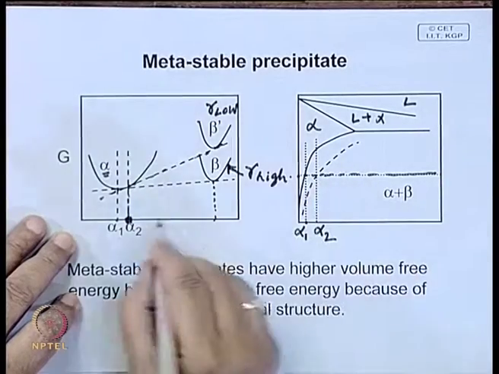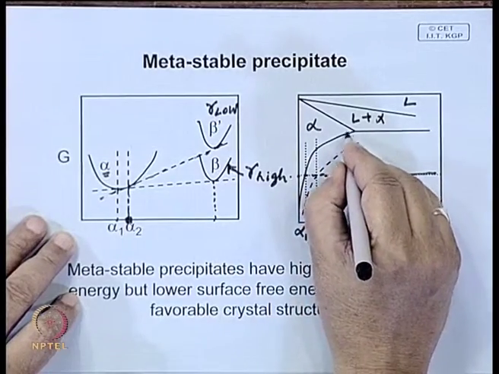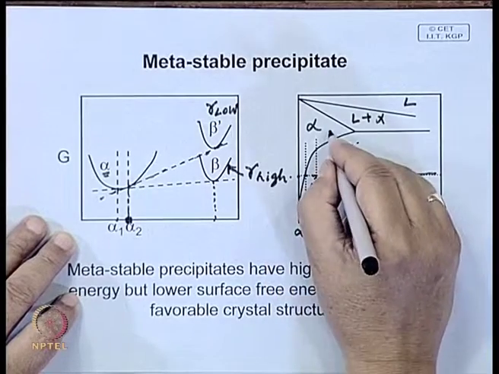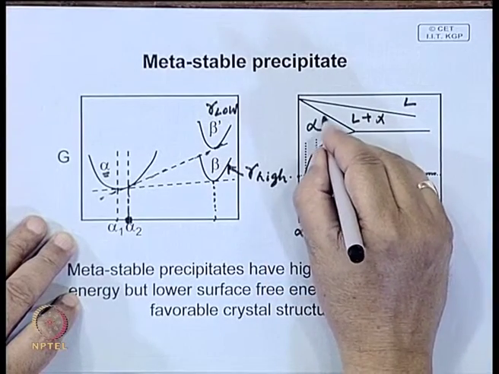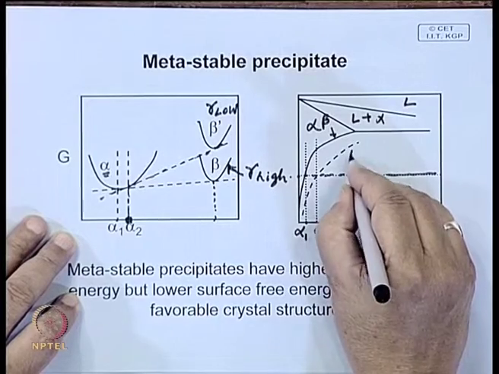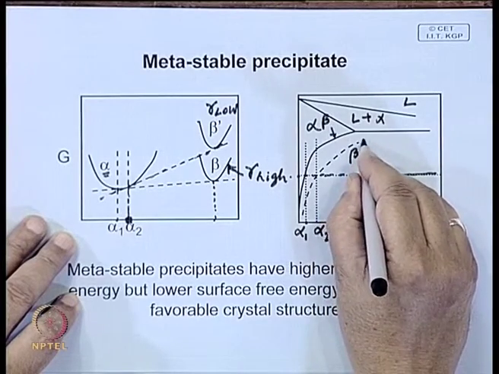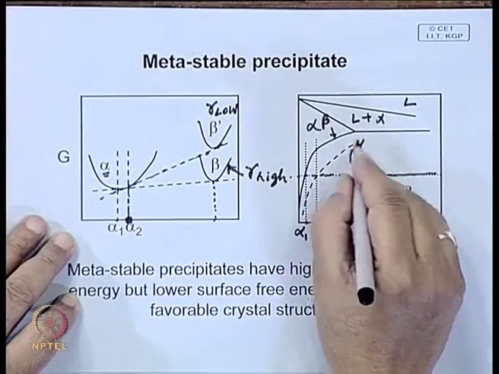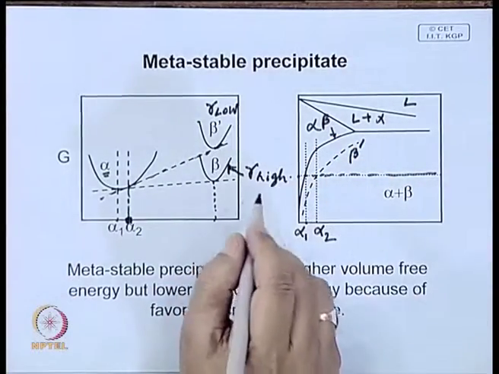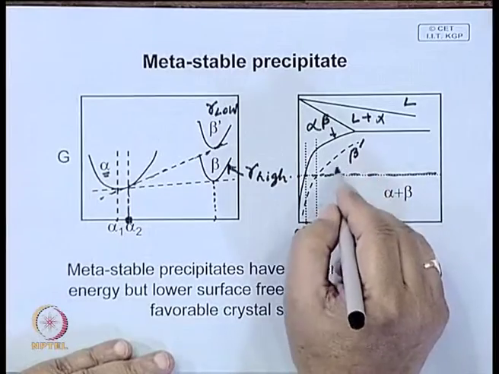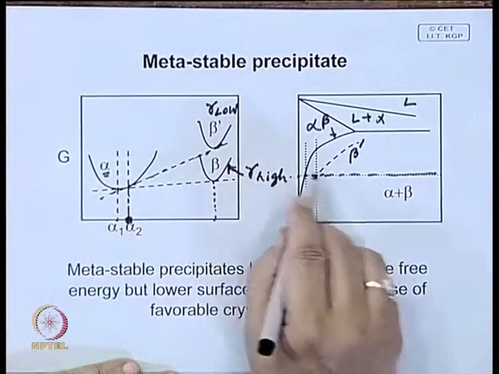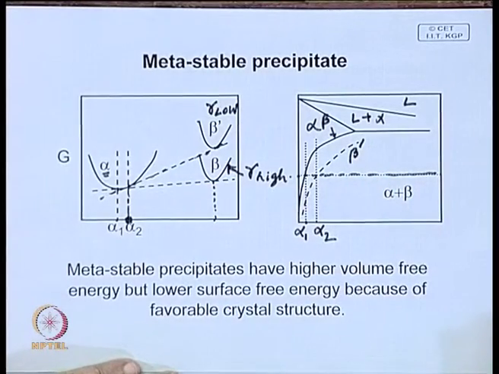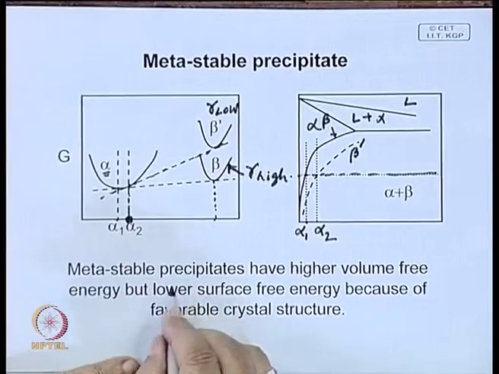That means this is the solvus line for the stable precipitate beta, and this is the solvus line for the metastable or coherent precipitate, beta prime. Similar things occur, and in many cases we may find not just one; the process of precipitation can take place through a number of metastable precipitates.